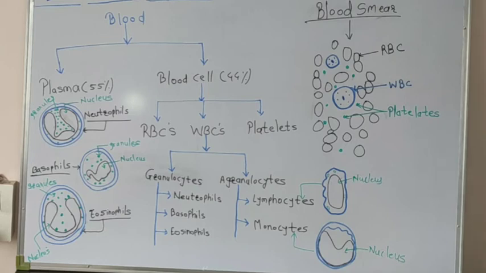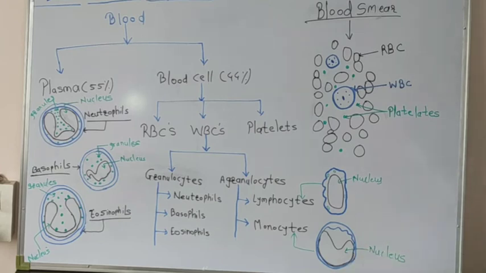And the main function of the lymphocytes is to maintain our immune system, as well as being responsible for antigen antibody formation. Next will be the monocytes. You can see the granules are absent, but the nucleus is large in size and has a bean shape or a kidney shape.